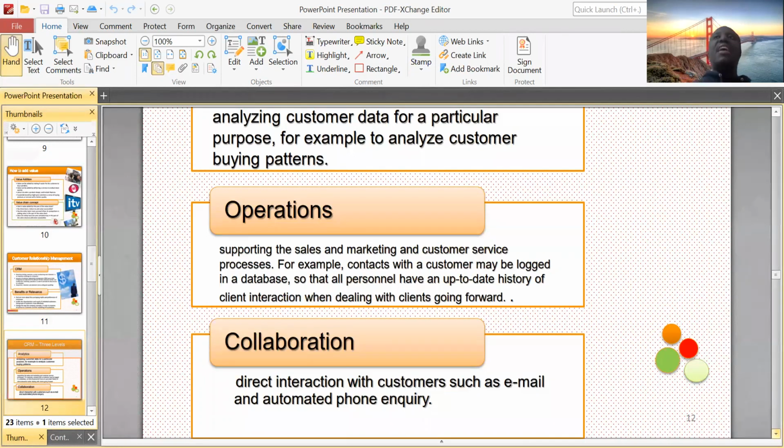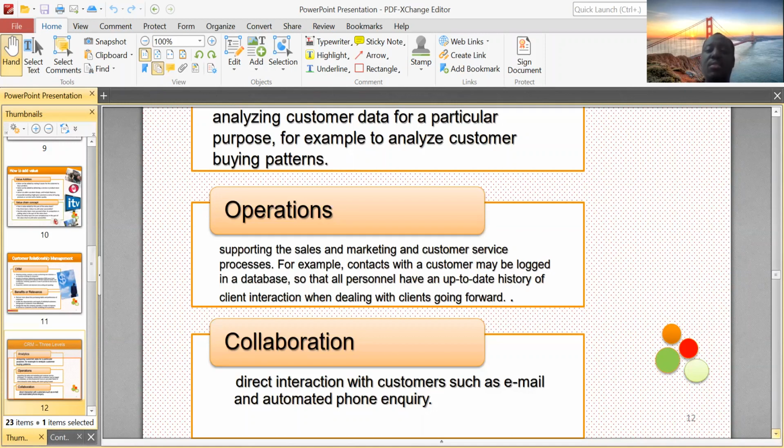I don't know if you've realized, but when you contact an organization the first time and the second time, they're able to pull up your complaint and say, oh, on so and so date, you contacted us on this issue. Hope it's resolved. Hope everything is fine. So that's all about operations.